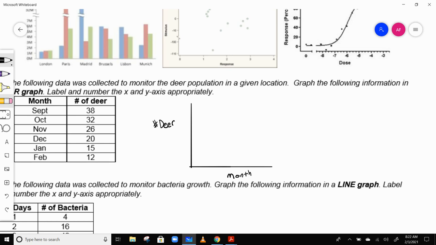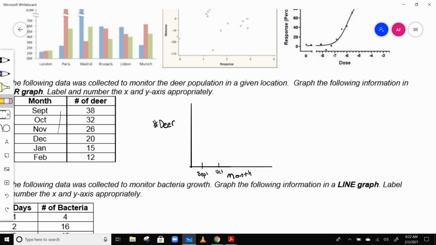Okay, so next we need to figure out what all of our things are, our scale. The month's pretty easy because it's just one month each: September, October, November, December, January, February. They're all in order, so we can just have September, October.